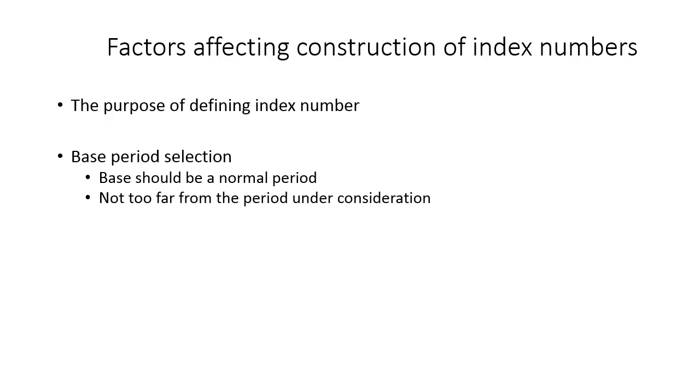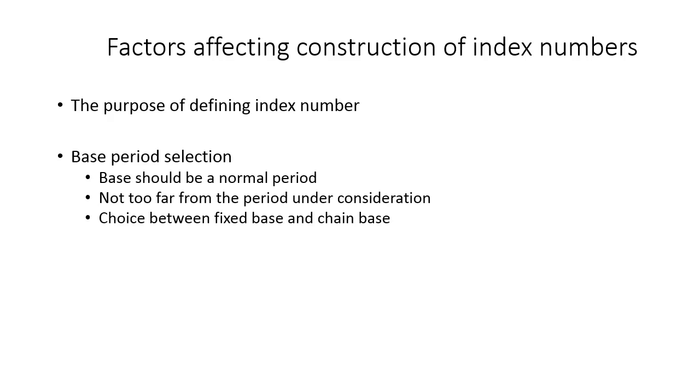Like if you want to construct an index number for 2020, you cannot choose a base year very far, like 2000, 1990 or 1980, because there are quite many changes that happen in between these periods. So it may not be a very good representative of the relative change.